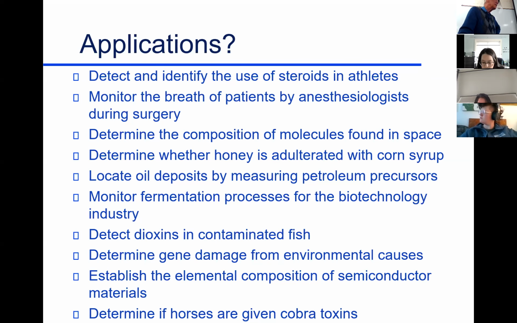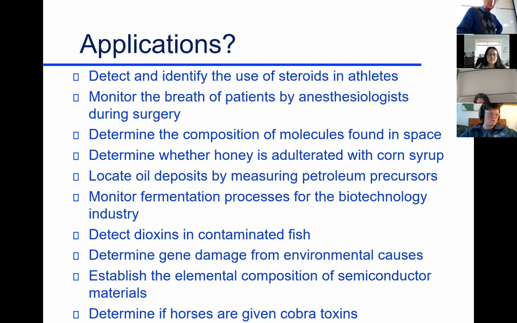So when you start listing applications, it could go on for many pages. And these are just some diverse listing. Detect and quantify the use of steroids in athletes. Monitor the breath of patients by anesthesiologists during surgery. Determine the composition of molecules found in space. Determine whether honey is adulterated with corn syrup. Locate oil deposits by measuring petroleum precursors.